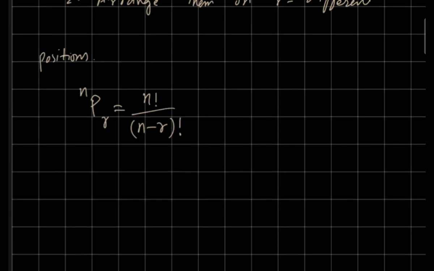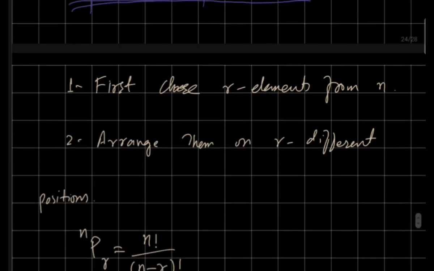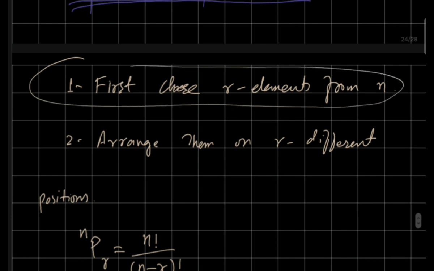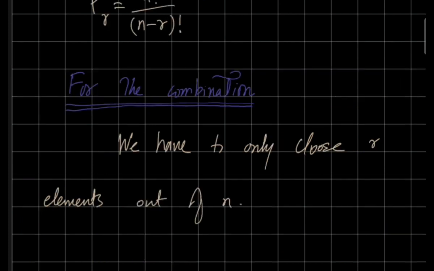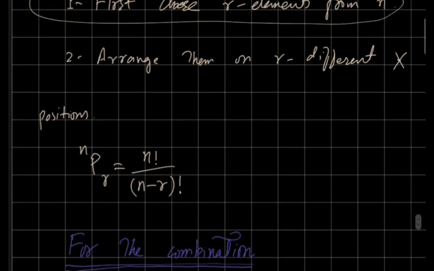But in the combination, we have to only do the first task. We are not going to do the second task for the combination. We have to only select r elements from n. We are not going to arrange them on r different positions.